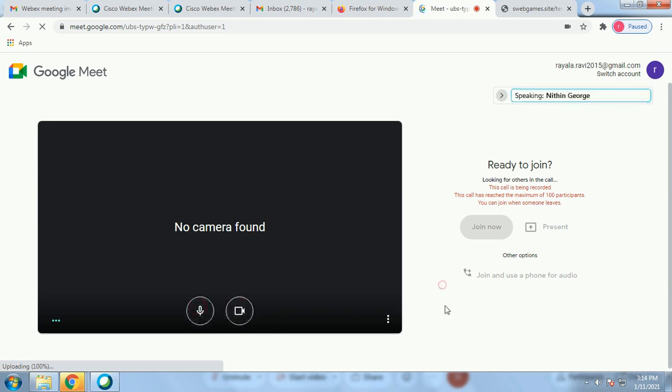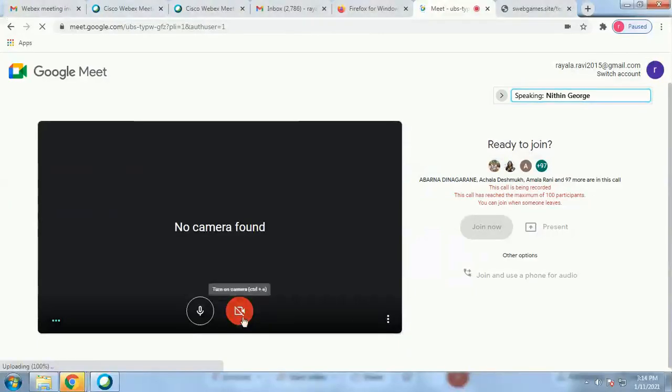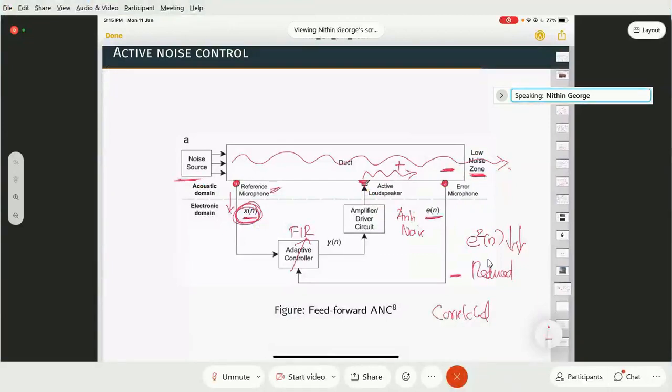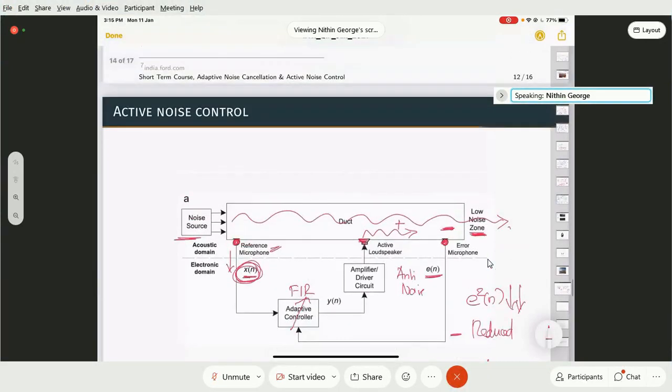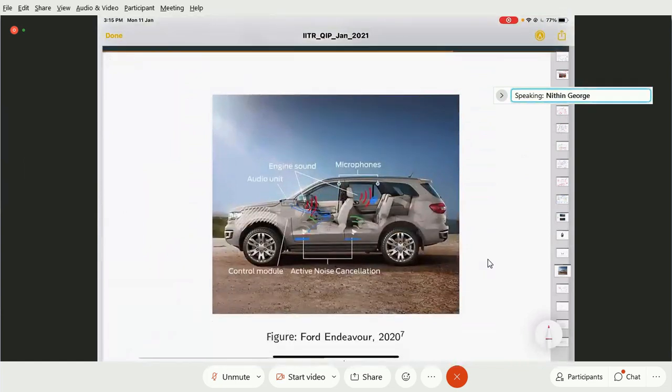But the principle is similar to what we discussed earlier. But in addition to only the algorithm, you have an additional hardware setup here. Why? You need a physical loudspeaker and physical microphones, which are in addition to my existing system. So if you look at this setup, they have to put additional speakers and additional microphones inside the car.